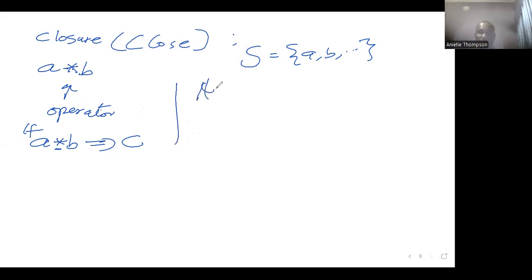Let's say we have a set of natural numbers, the counting numbers 1, 2, 3, 4, and so on.